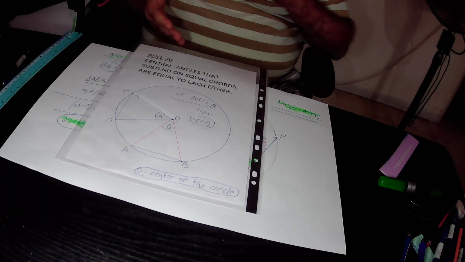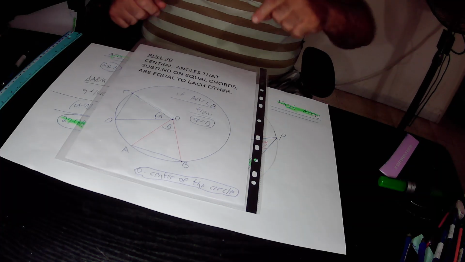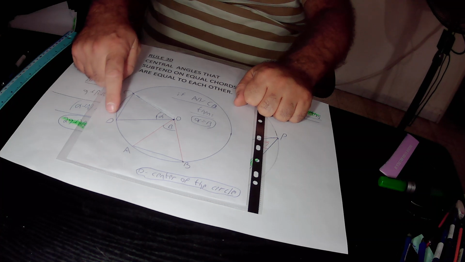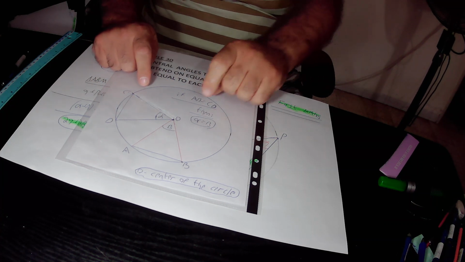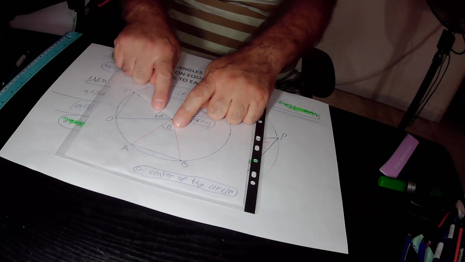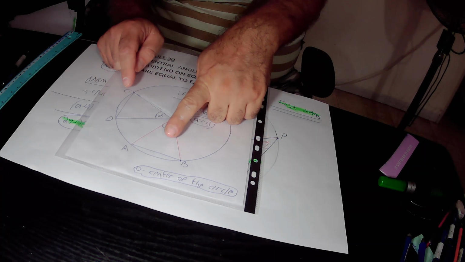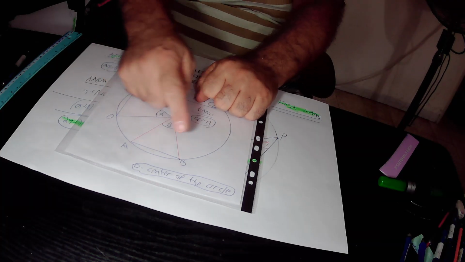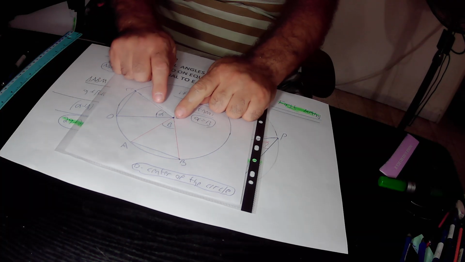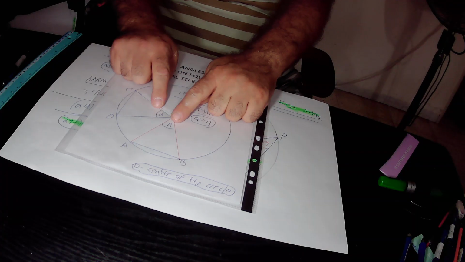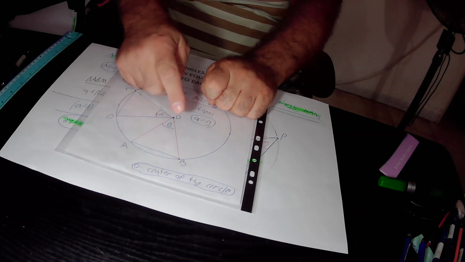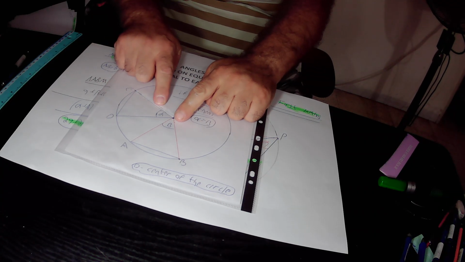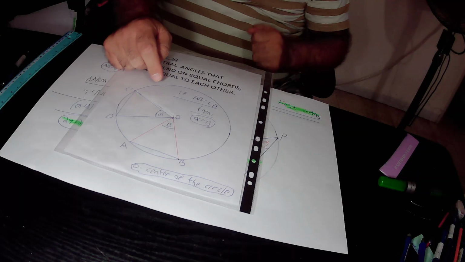And according to rule 30, if chord CD equals chord AB, then those two perpendiculars must be equal to each other in their sizes. Why? Because they subtend on equal chords. Again, if AB equals CD, then alpha equals beta, according to rule 30.